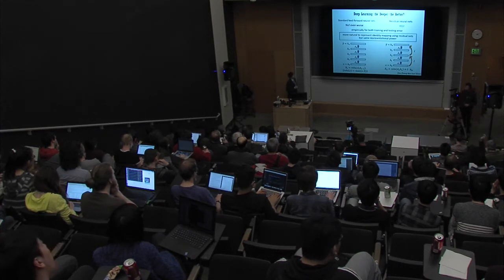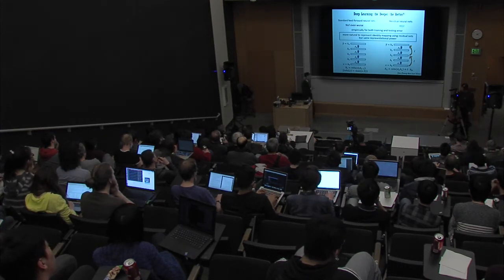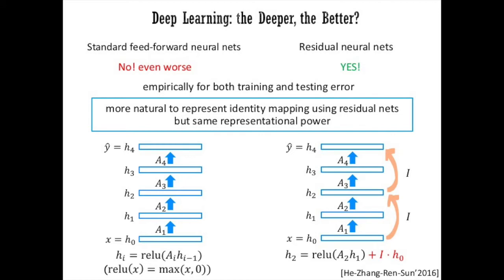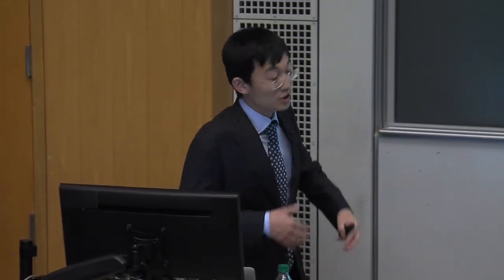It turns out that these two models have the same representational power up to some constant-factor change of hyperparameters. So they have almost the same representational power, and this suggests that the difference between the errors comes from the optimization perspective.